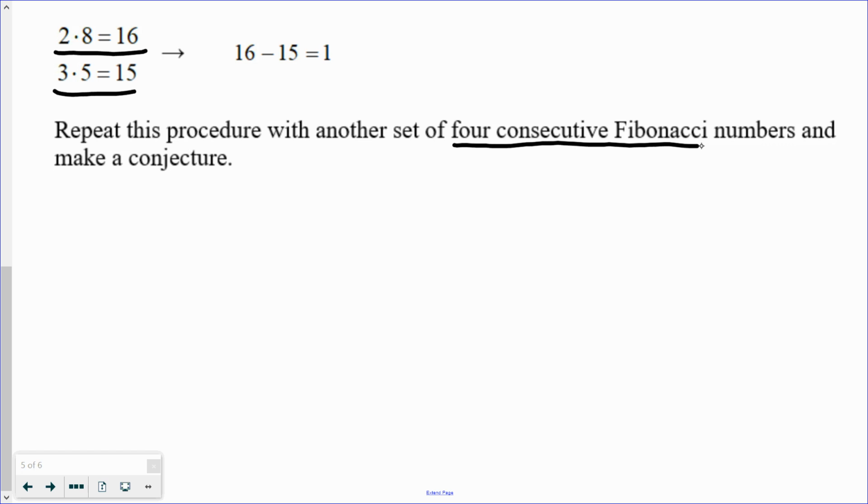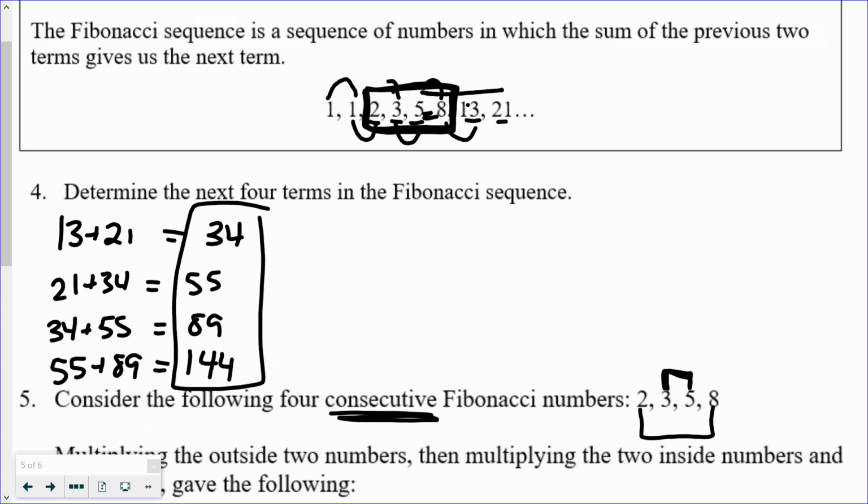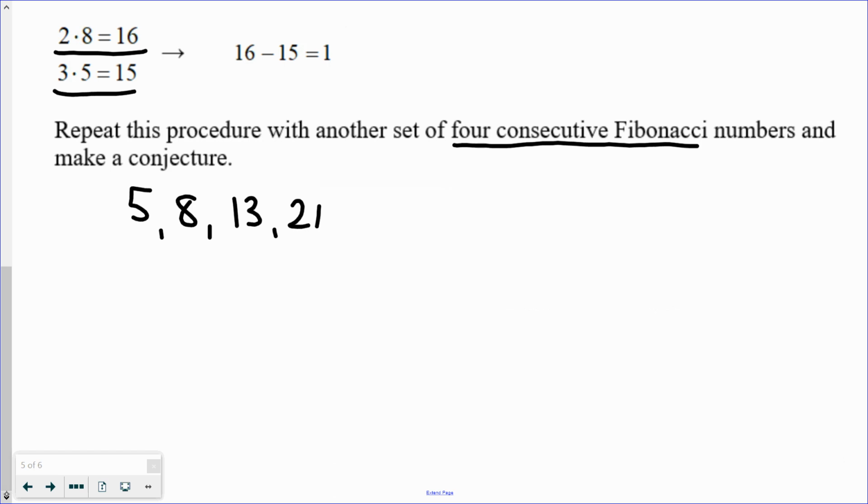Okay, so let's do 5, 8, 13, and 21. So that is these 4 consecutive Fibonacci numbers. So again, one after the other. So multiplying the first and the last, so 5 times 21 is equal to 105.